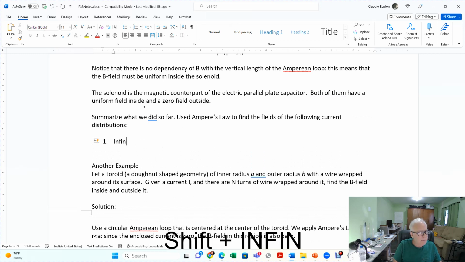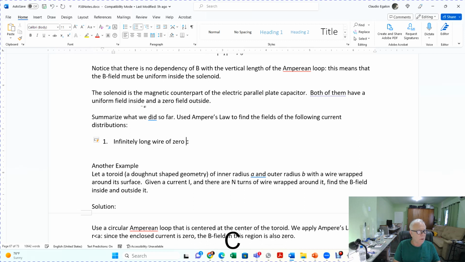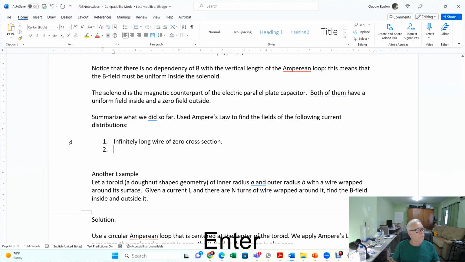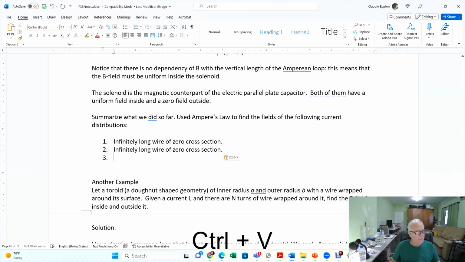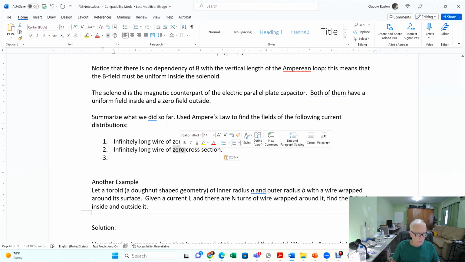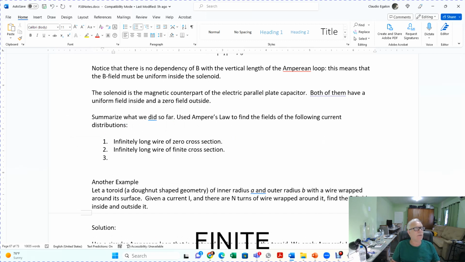Infinitely long wire of zero cross section. 2. Infinitely long wire of finite cross section. 3.